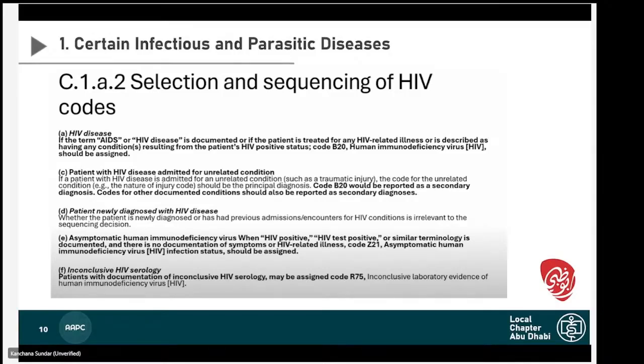Whenever the documentation very clearly specifies AIDS or HIV diseases, or if the patient is being treated for an HIV related illness, and your document clearly states that HIV has progressed to a state where it has been showing a symptom, that is a related illness, that is when we have to code B20, as the HIV infection itself states that it is an asymptomatic human immunodeficiency virus.